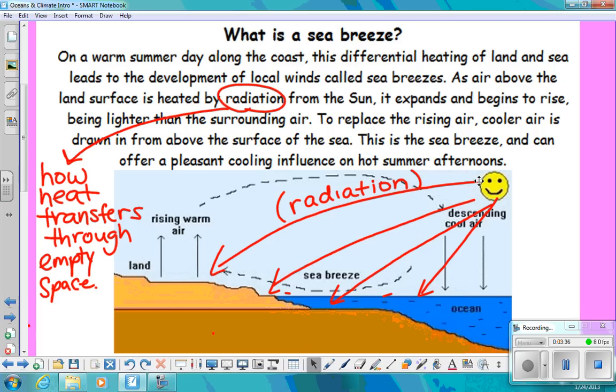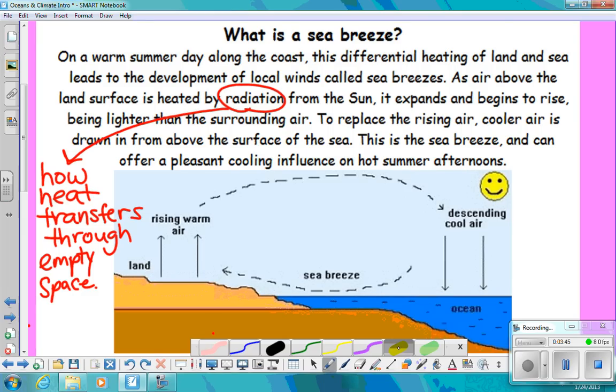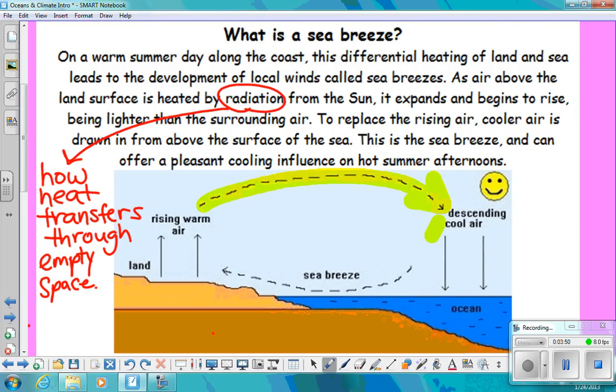The other process that I wanted you to notice in your picture is convection. This circular movement of air. You have warm air that is rising. As it gets into the atmosphere, the higher you go, the cooler it is. So then it begins to cool and it starts to descend or sink.